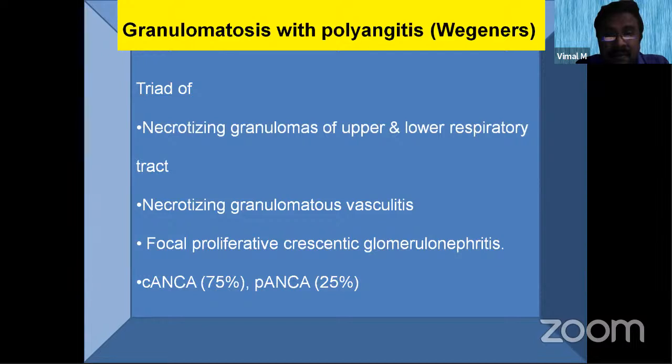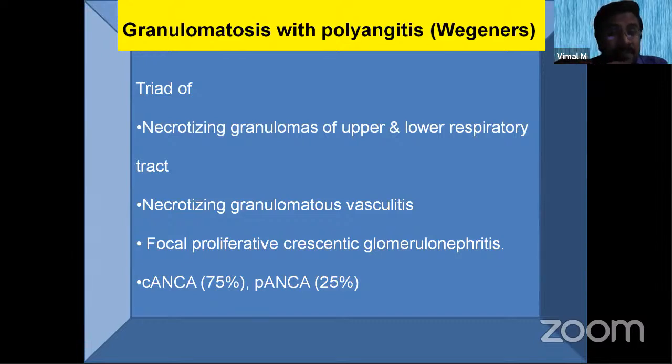Any idea? It is called RPGN. Remember, when we deal with the renal chapters, we will be studying all these things. RPGN is rapidly progressive glomerulonephritis, the other name for crescentic glomerulonephritis.